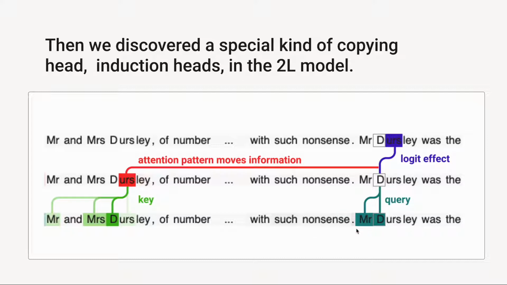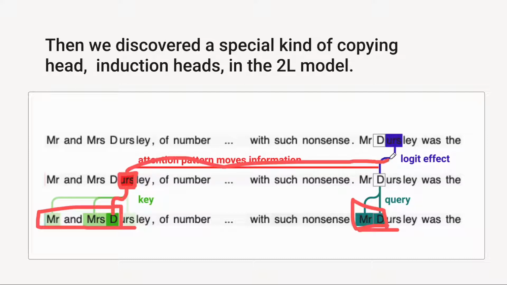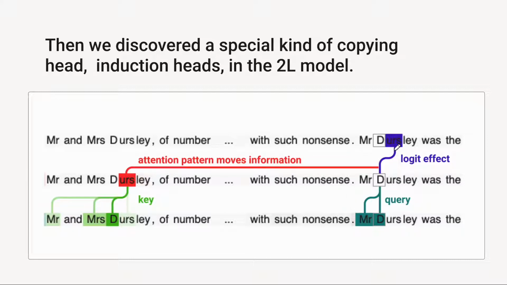What they do is look at the present token in its context, and look for previous places where similar things have happened, and then shift one forward and look at: last time I saw this, what happened next? And then they predict that whatever happened next that time is what's going to happen next this time. If you really pull these apart, that's what they're doing.